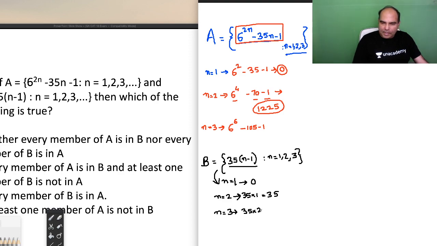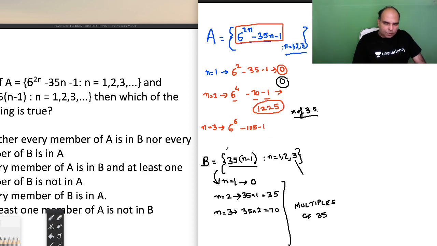So what you realize is that the set B is nothing but the multiples of 35. Whereas in the other case, my first number was 0, and the second number was also a multiple of 35. Both these numbers were also multiples of 35.